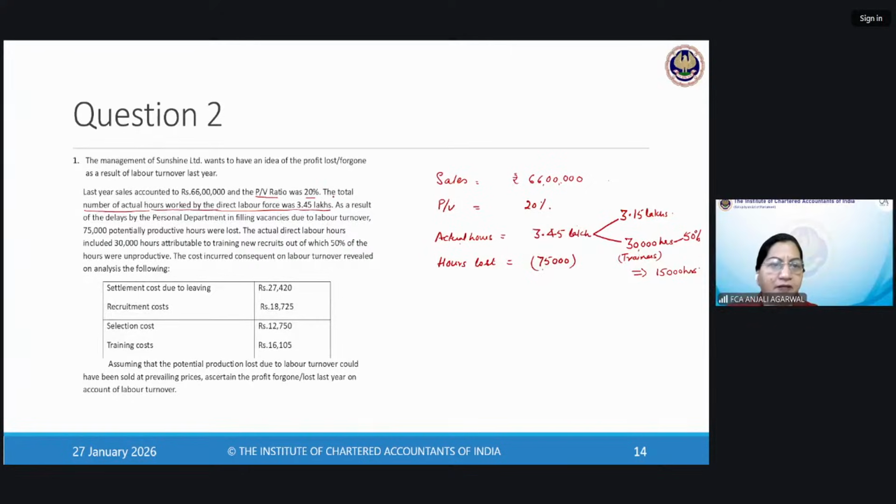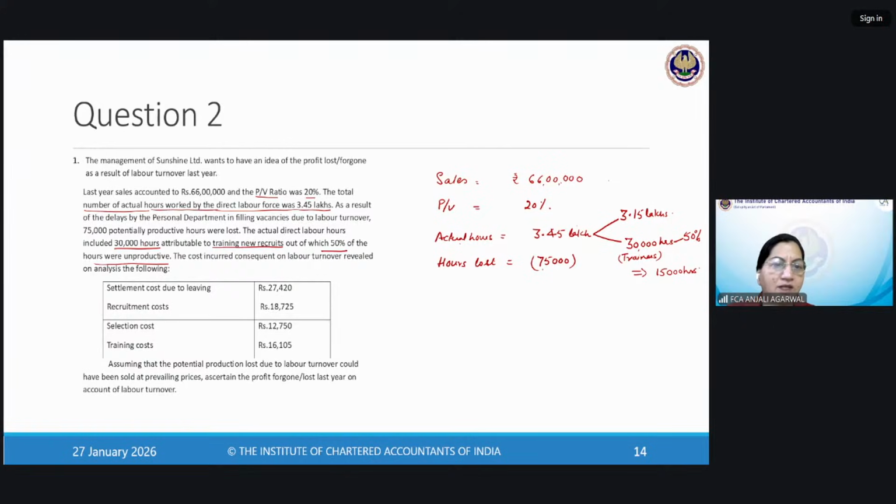Okay, I'll repeat. The total number of actual hours worked during this period was 3.45 lakh. But because the personnel department was delaying in filling vacancies due to labor turnover, 75,000 potentially productive hours were lost, and the actual direct labor hours included 30,000 hours attributable to training new recruits, out of which 50% were unproductive. So when you are training, the workers were not 100% productive, they were only 50% productive.